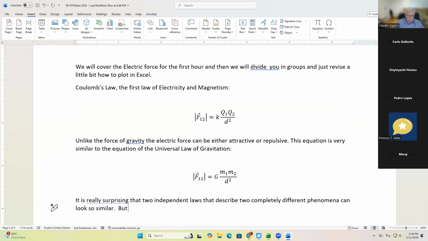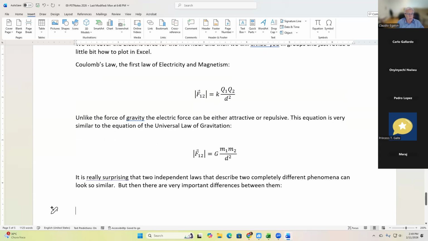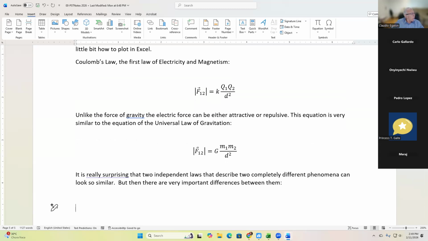But then there are very important differences between them. The first difference is the source of the force. That's one important difference, the source of the force.